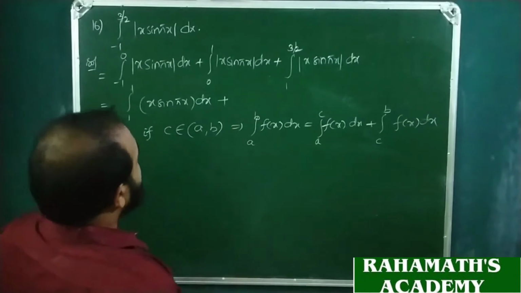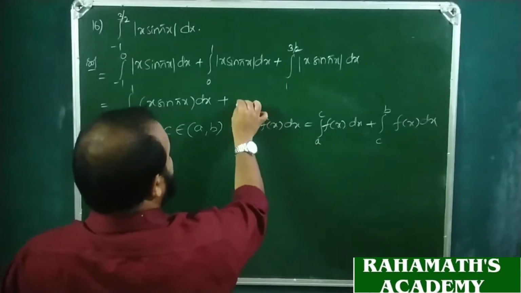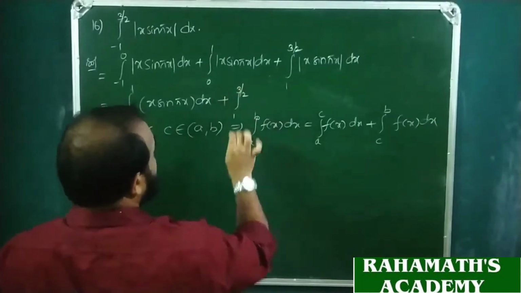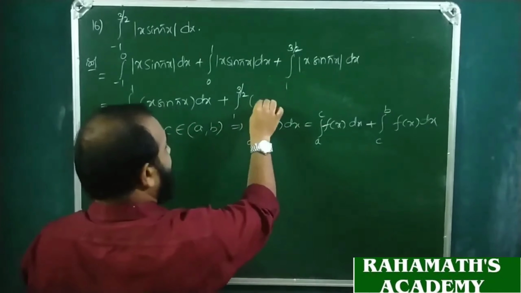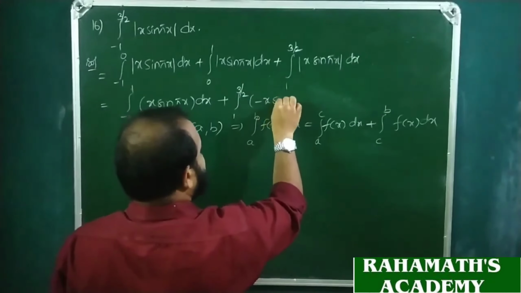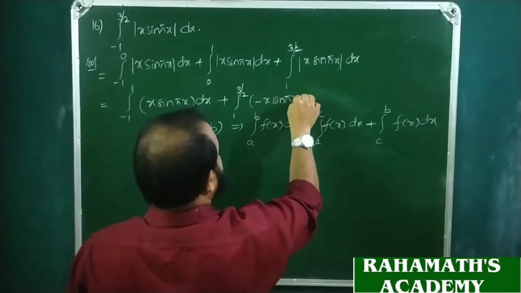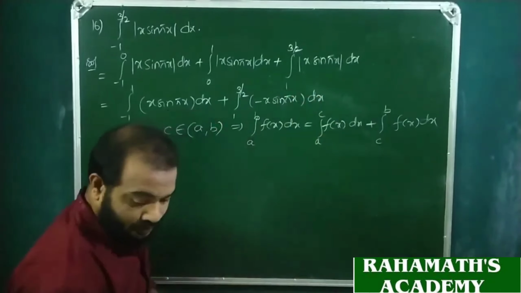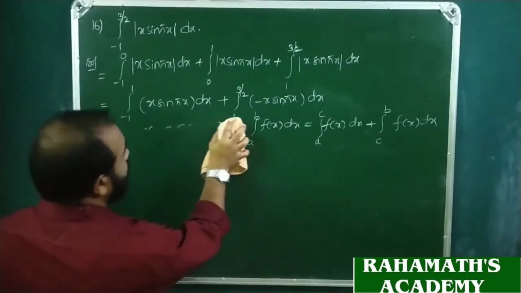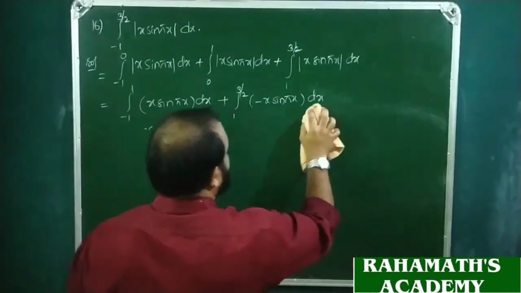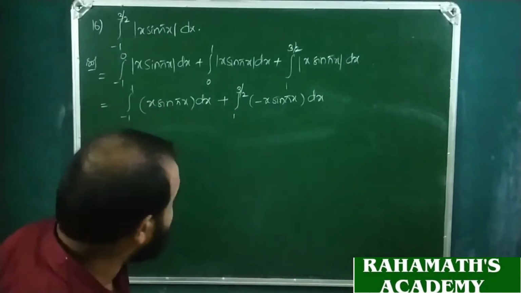Plus 1 to 3 by 2. This value is negative that we have seen already, minus x sine pi x dx. So now see this.